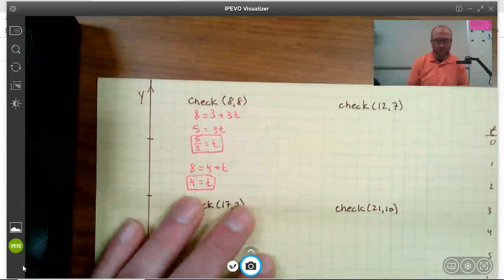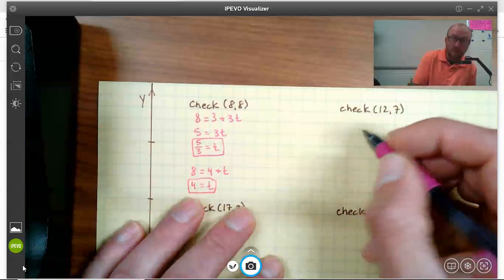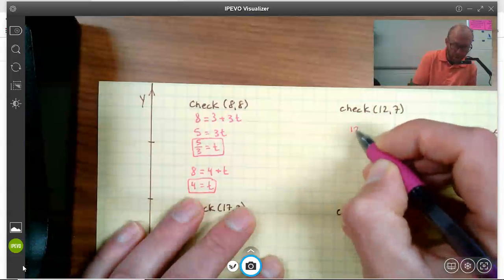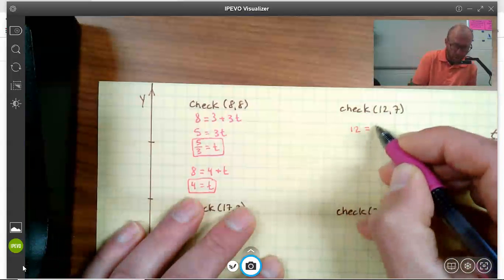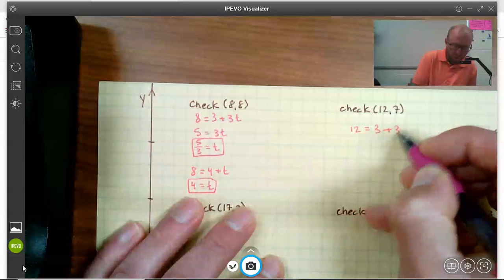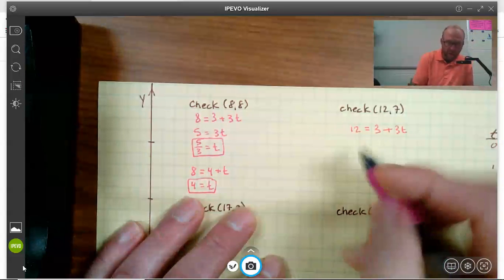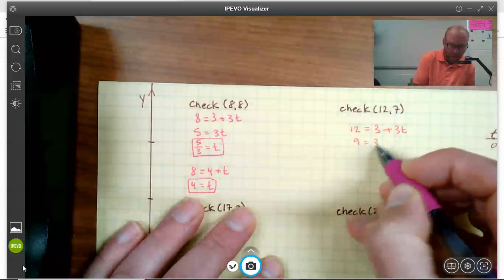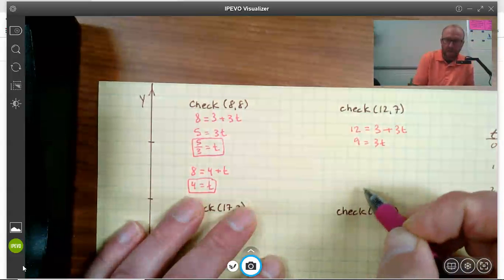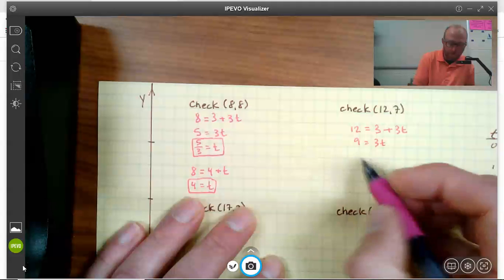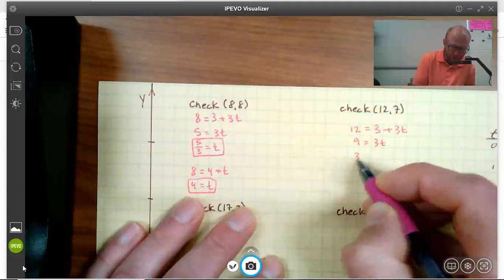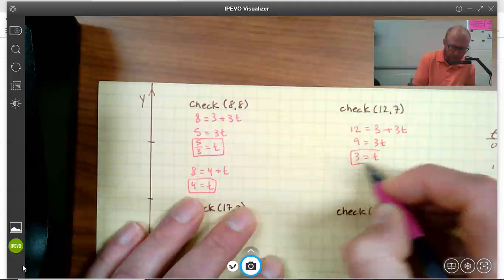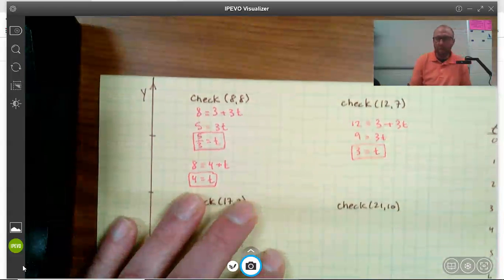Let's check (12, 7). So I'm going to plug in 12 for 3 plus 3t. I'll subtract 3, 9 equals 3t, and then I'll divide by 3 and get 3 equals t. So if I input 3 for t, I'll output 12 for x.